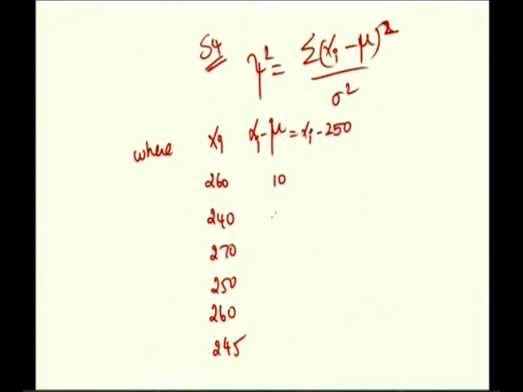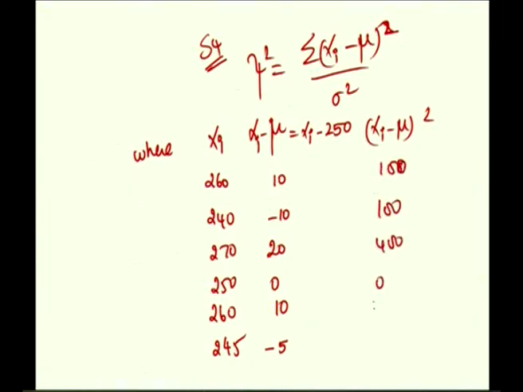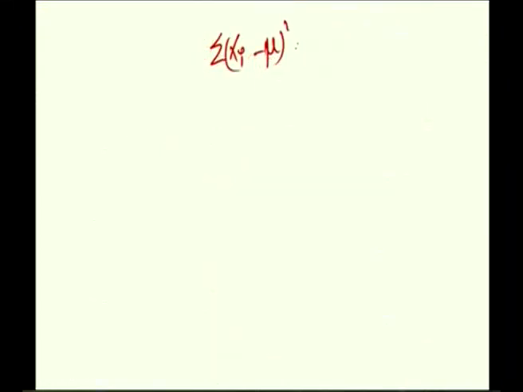So, 10, minus 10, 20, 0, 10 and then minus 5. Then xi minus mu whole square is 100, 100, 400, 0, 100 and 25, and the summation of xi minus mu whole square is equal to 725.